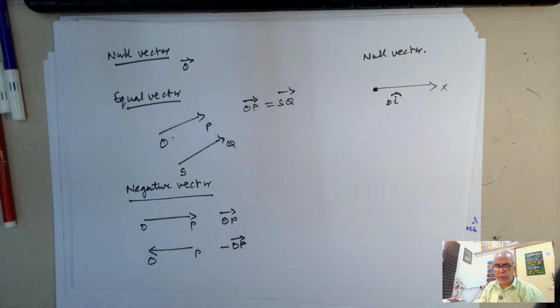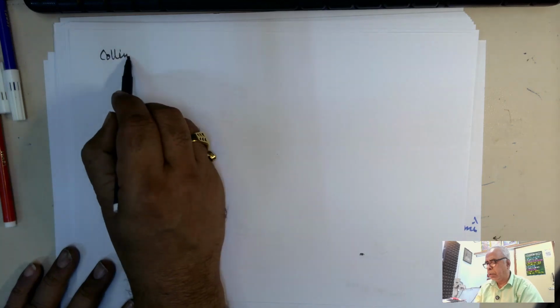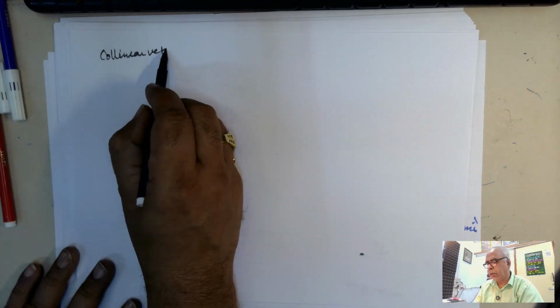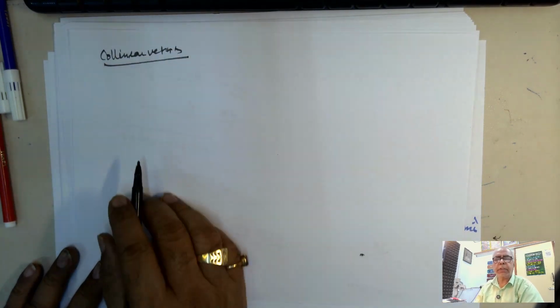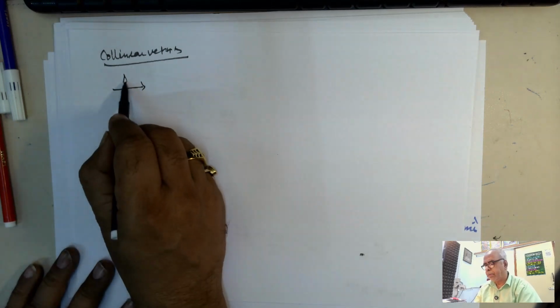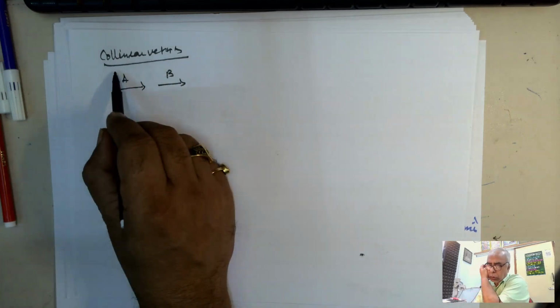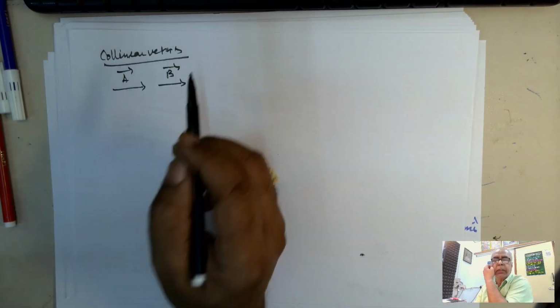Collinear vectors. Take down. Collinear vectors. Let me consider a vector A, another vector B. So A vector, B vector.